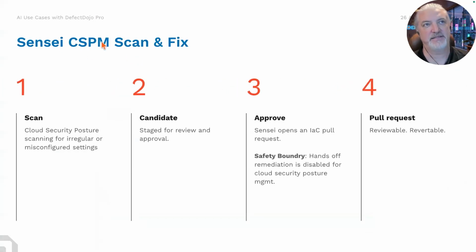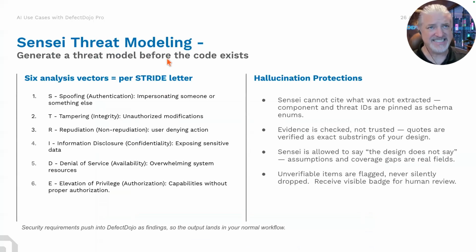All right, we talked about the CSPM. Sensei threat modeling. All right, what is this? Okay, if you're familiar with any kind of threat modeling, this is generally where you're getting some requirements, maybe a design from engineering, and you're supposed to build a threat model to understand how you're going to test this for various types of attacks. STRIDE is a very popular approach.